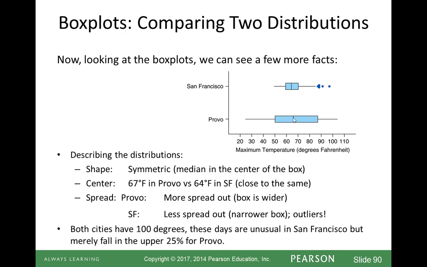Well, first of all, our box is wider, and second, our whiskers are also wider. So if we have a 100-degree day in San Francisco, that's unusual. If we have a 100-degree day in Provo, it's not, because it's simply in the upper 25% of the temperature of days.